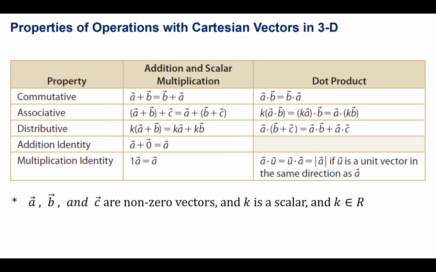Next is the multiplication identity property. The real number 1 times a vector A equals vector A itself.